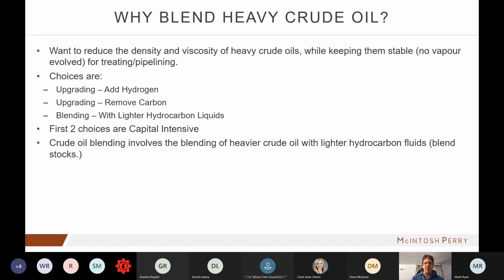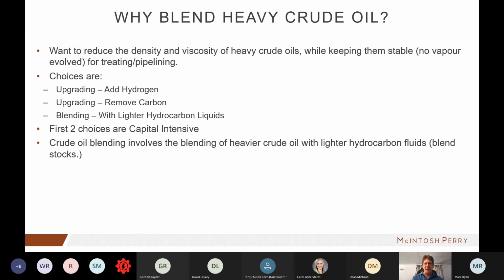Okay, so let's start with why would we want to blend heavy crude oil? And as I said, you might even blend non-heavy crude oil. So it's usually a combination of things. One of the main reasons why we might want to do this is because we have to. Somebody's given us specifications, they're buying our oil, and we may have to meet certain specs, which we're going to look at in a slide or two.